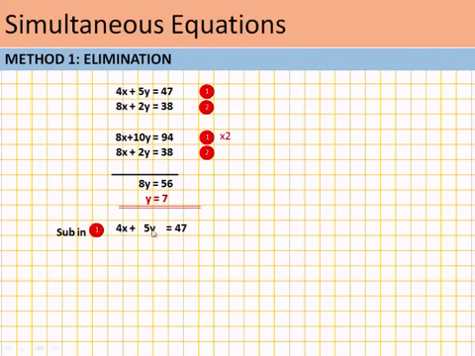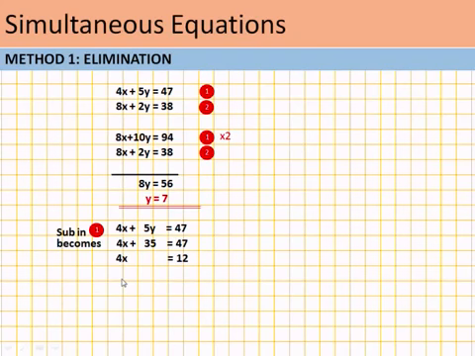So take the first equation, 4x plus 5y equals 47. Now we know that y equals 7. We can put that in there and write 4x plus 35, 5 times 7, equals 47. Well, it should be easy to figure out what x is now.